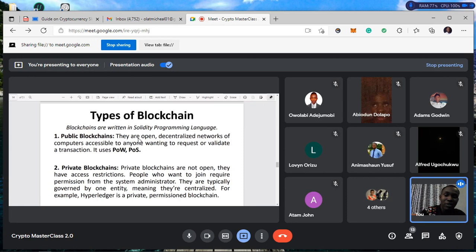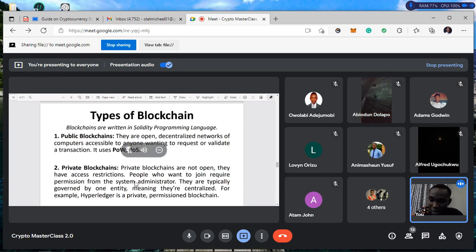Now we have private blockchains. Private blockchains are not open. They have access restrictions. People who want to join are required to get permission from the system administrator. These blockchains can be owned by an individual, a company, or a group of people, depending on their use case.